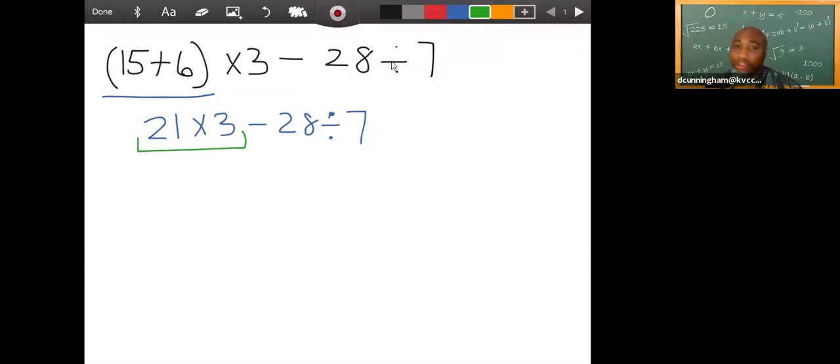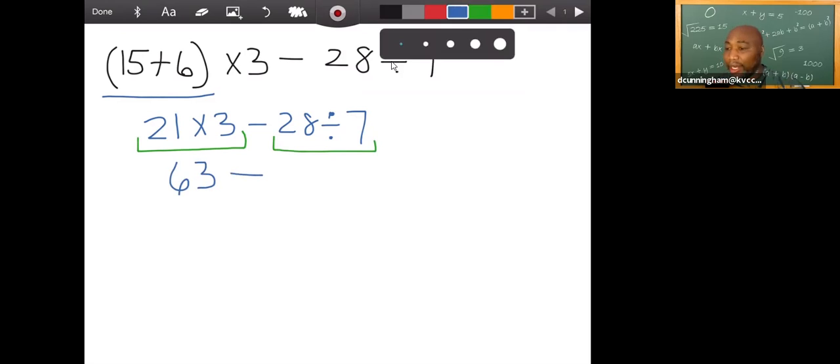That's what we should do next, not the subtraction, because that's the last one. This would be what, guys? This would be 63 minus, and then let's also do this division piece, 28 divided by 7, which in our case will be 4.